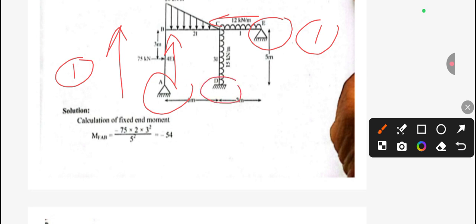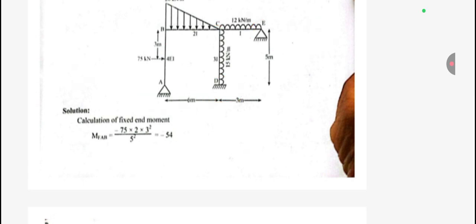But in this case, this is a fixed support. If you are staying over here and looking inside this frame, then for the fixed support our distribution factor will be 0, and for the hinge it will be 1. So this is a trick.